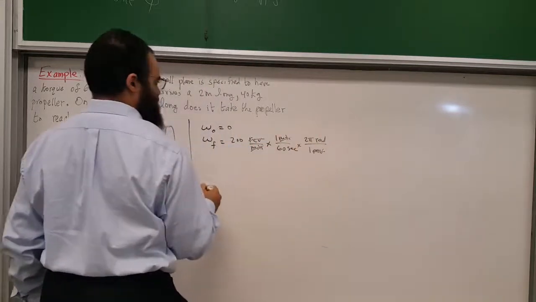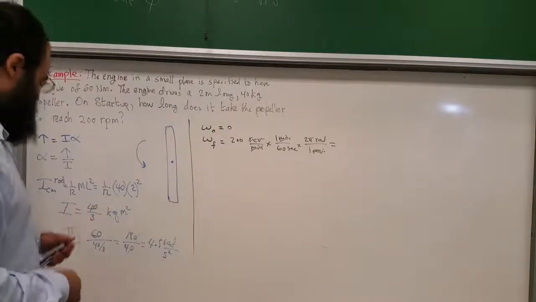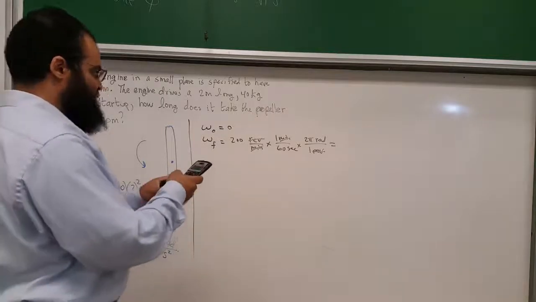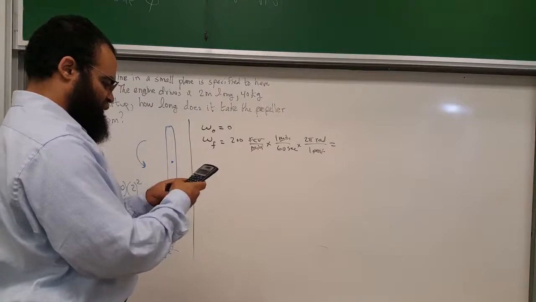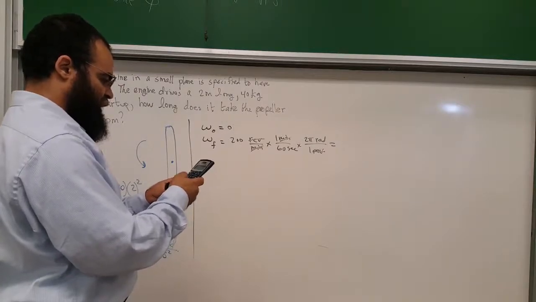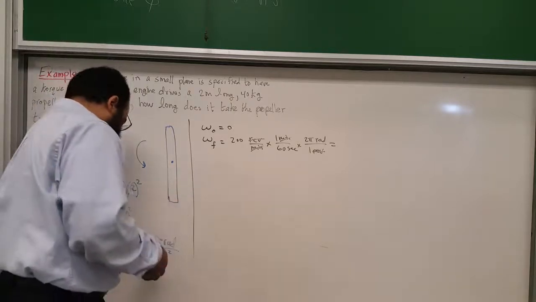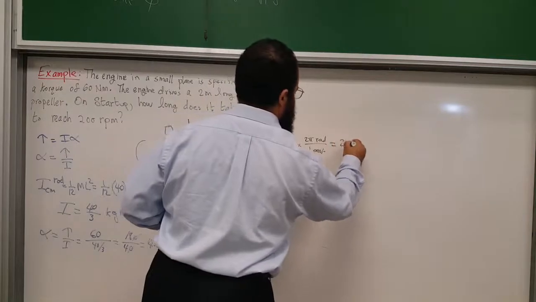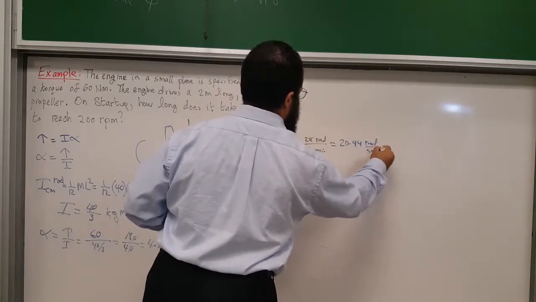So I have radians per second. And so I get 200 times 2 pi over 60, and I got about 20.94 radians per second.